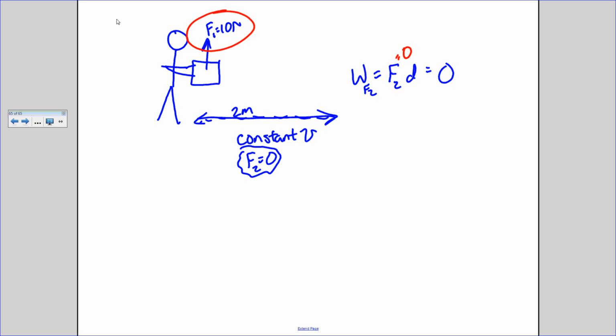Yeah, the work done by F1, that force with which I'm holding up this book of 10 newtons, that work is equal to 0 because the displacement is 90 degrees to the force. Let me write it up on the board, okay? They're not in the same direction.